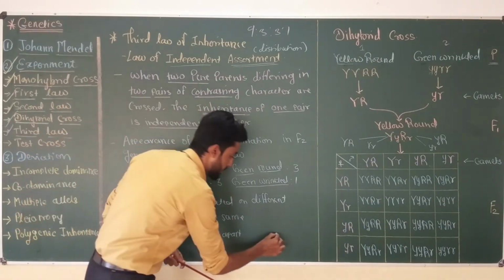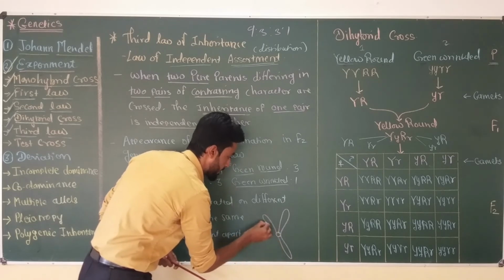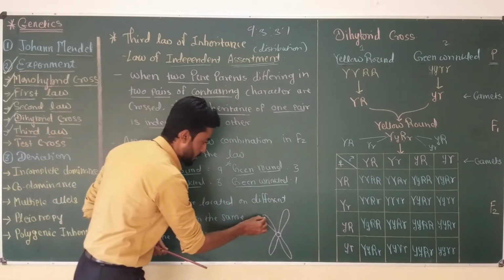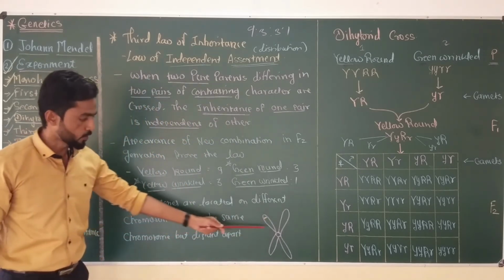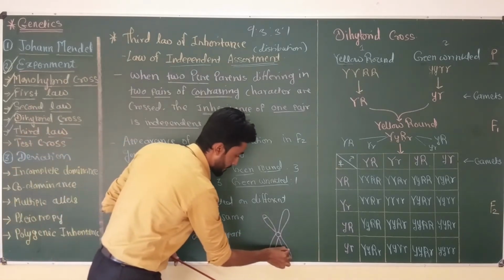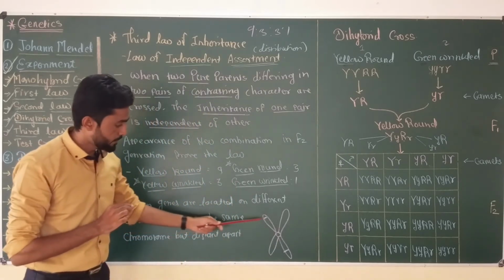For example, suppose this is the chromosome with sister chromatids and non-sister chromatids. Now, if one gene is located at this point on the chromosome, then the other gene should be located away, or distance apart, from the first gene.